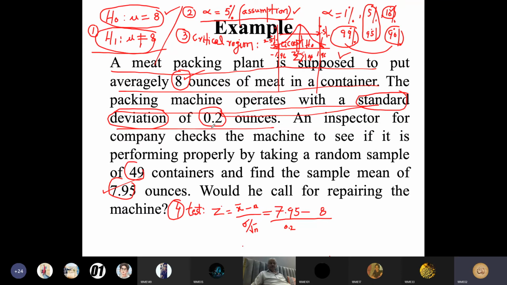But this standard deviation stands for which notation? Either it's a sigma, either it's an s, or something else.